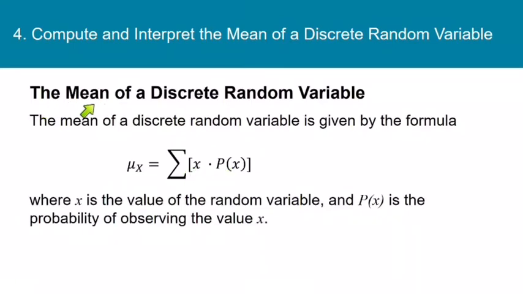So here is the formula for the mean of a discrete random variable. The mean of a discrete random variable is given by the formula mu sub capital X, because this is going to be the mean of the random variable, is equal to the sum of the product of each possible outcome and its probability. So what you have to do is take each outcome, multiply it by its probability, then add all of those products together, and that's the mean of your random variable.